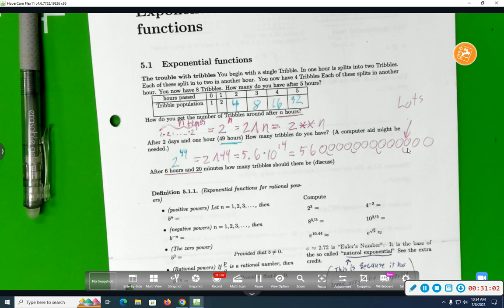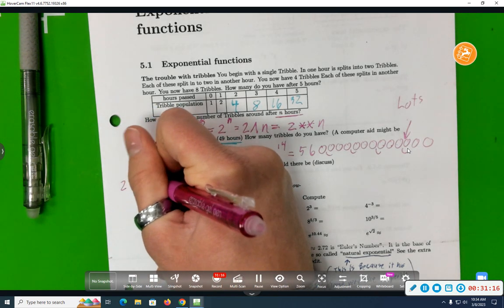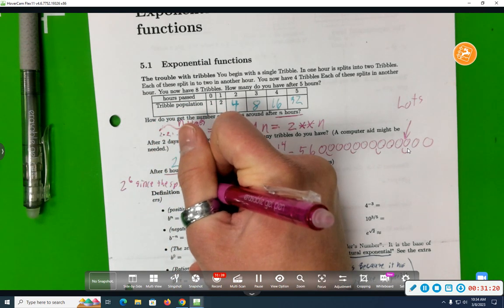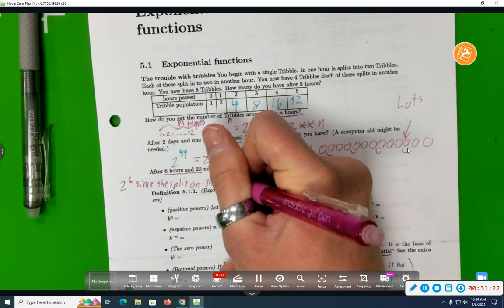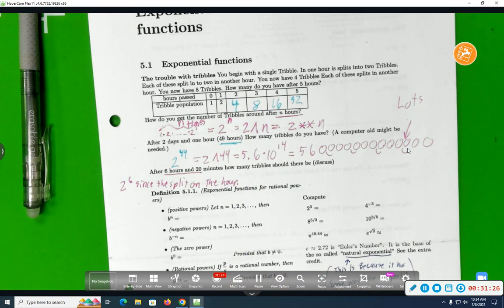I would say 64. Why 64? They don't split, so 6 hours and 20 is 6 plus, 2 to the 6th, since they split on the hour. So there's one way of interpreting this question.